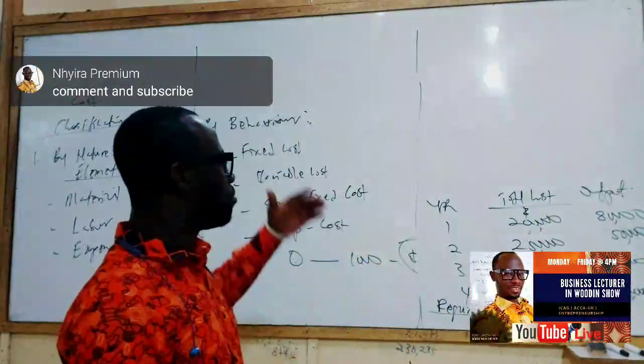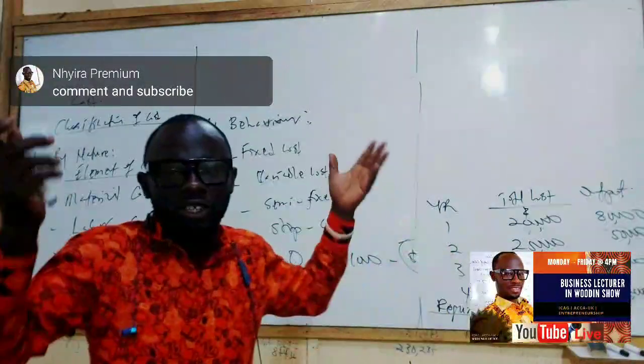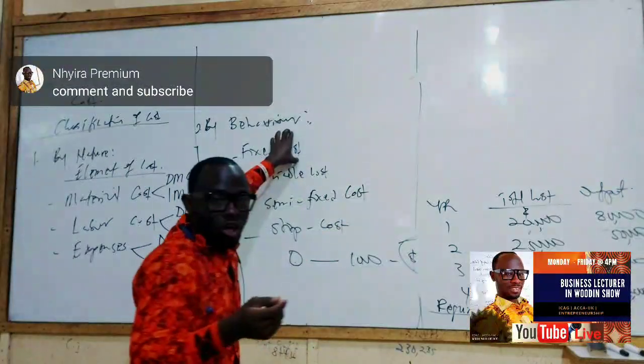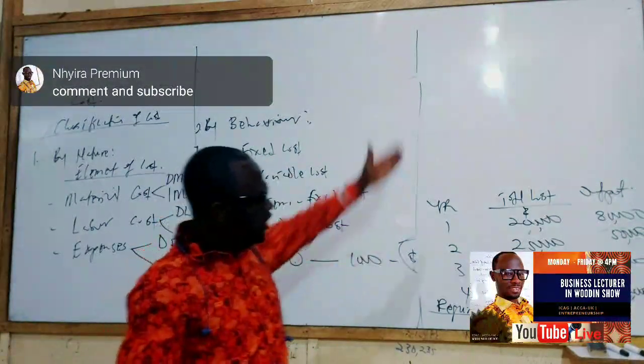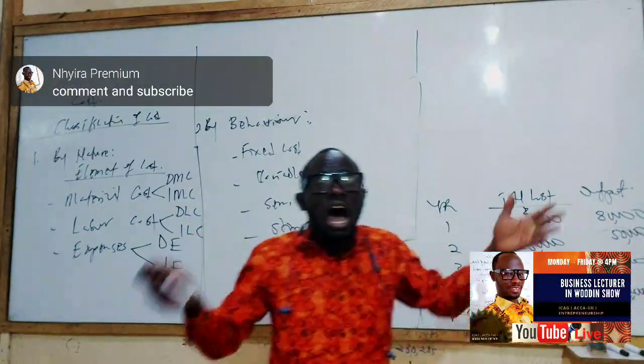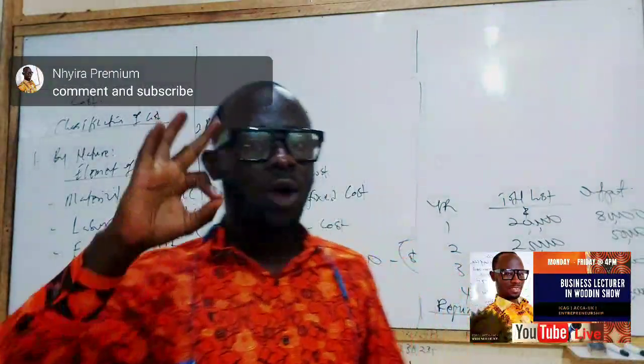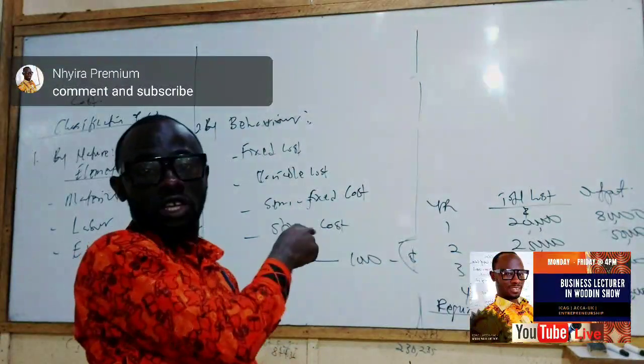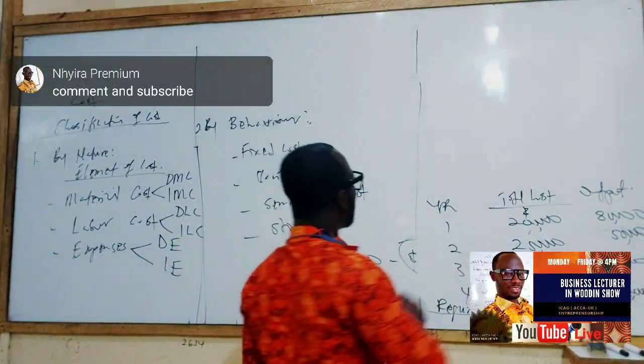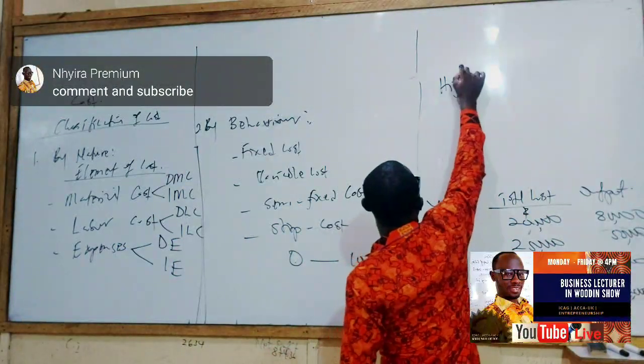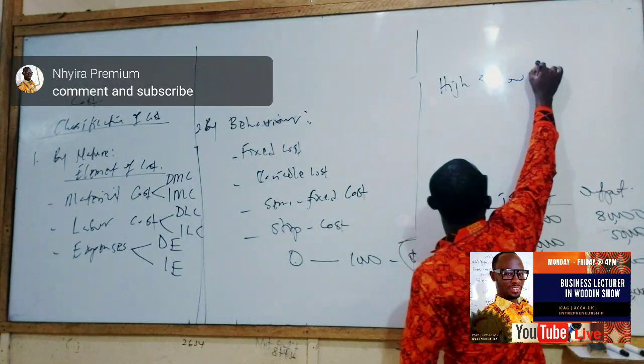Because as you can see, there is no fixed cost, there is no variable cost, everything is in totals. So how do we break it down? The way we break this down and solve this question is to use what is called the high and low method.